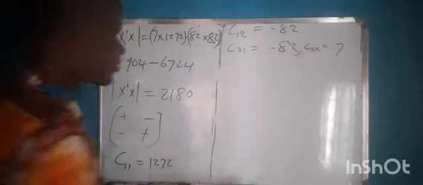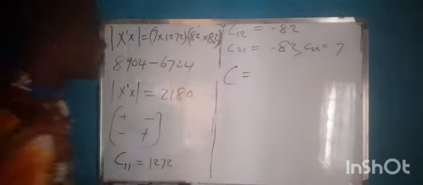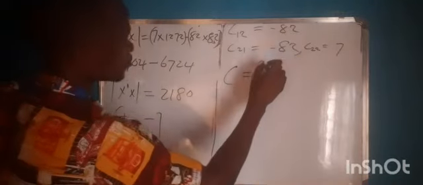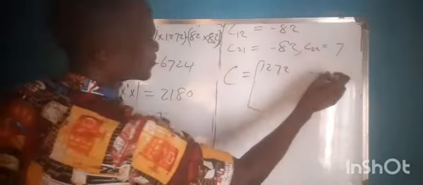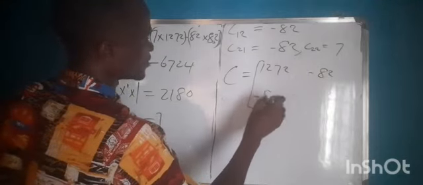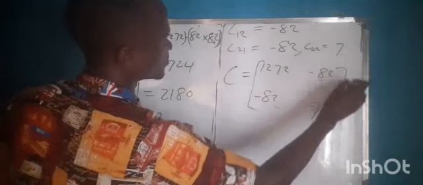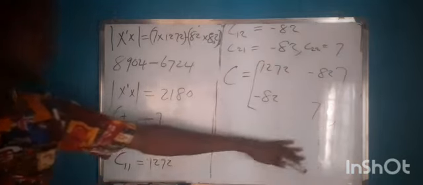We have C, the matrix of the cofactors, equal to 1272, minus 82, minus 82, and 7. This is the matrix of the cofactors.